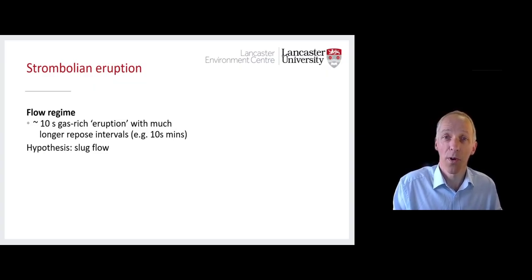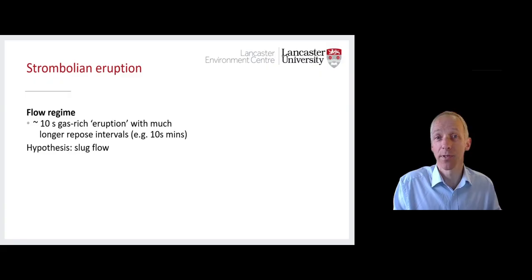So we can start with a hypothesis that Strombolian activity represents the surface expression of slug flow in the conduit. The slug flow is a flow regime in which large gas bubbles, which are much longer than they are wide, ascend within a liquid-filled tube. Each Strombolian eruption is then interpreted to be the arrival of one large gas-filled bubble or slug at the surface of the magma column.